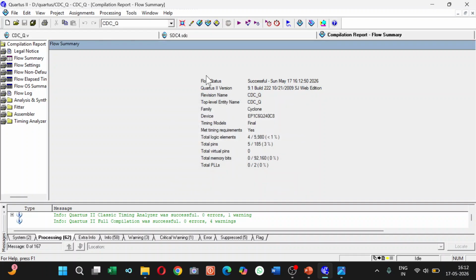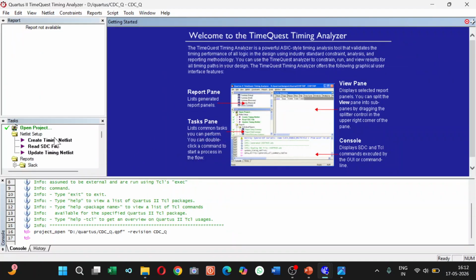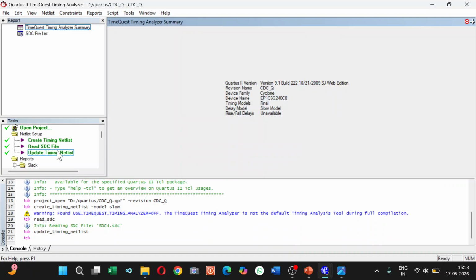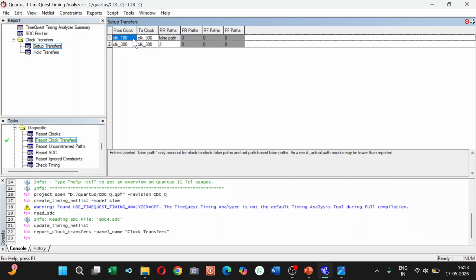Compilation is done. Now we go to the TimeQuest analyzer. First create the timing netlist, second read the SDC file, and now you can see the path from clock 100 to clock 300 is taken as a false path. This is the way we can solve the CDC problem in the simulator.